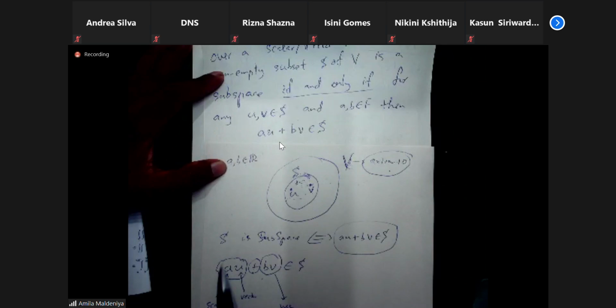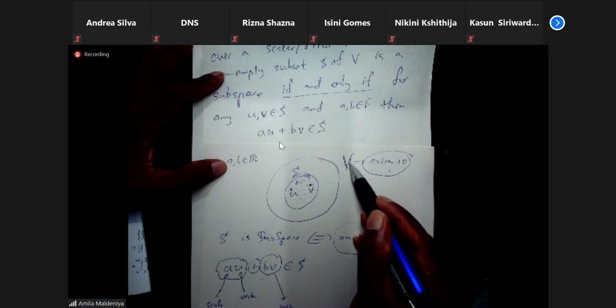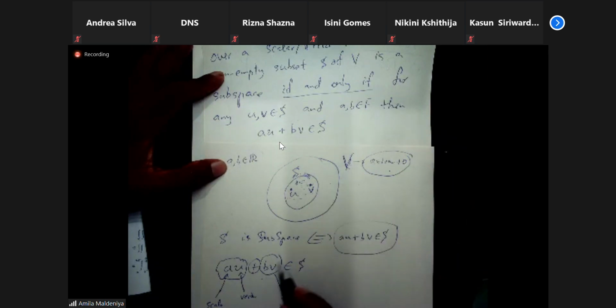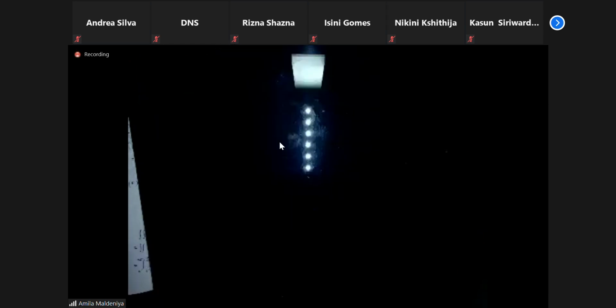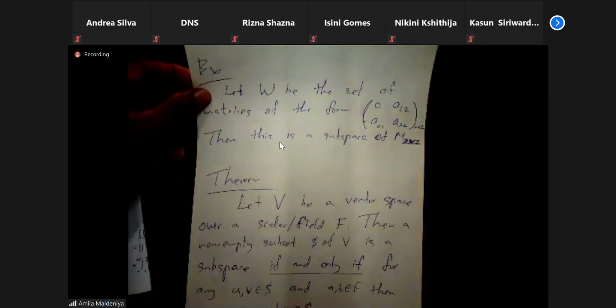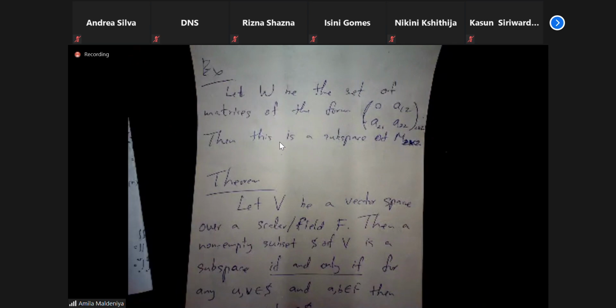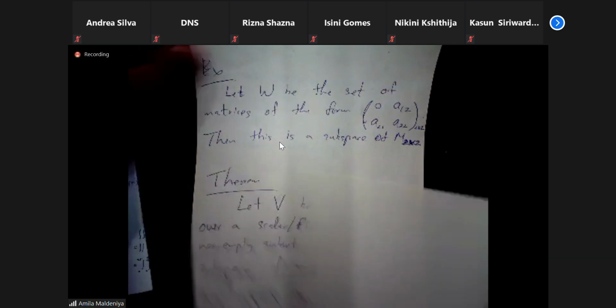So this is also a vector, this is also a vector. So vector addition is the vector addition defined on the V. Okay. So this is a vector, this is a vector. The result is also a vector. That vector should be in the S. Okay. So it's very simple. The calculation makes life very easy.